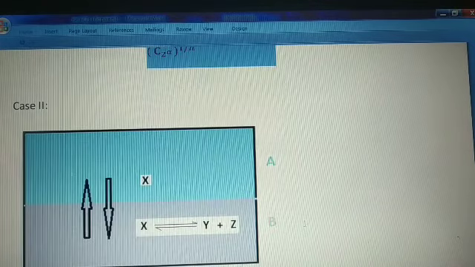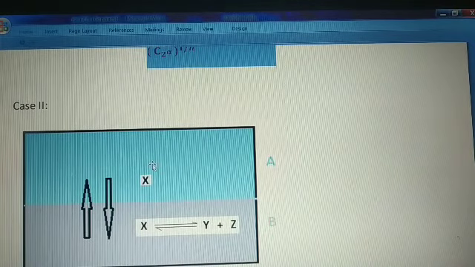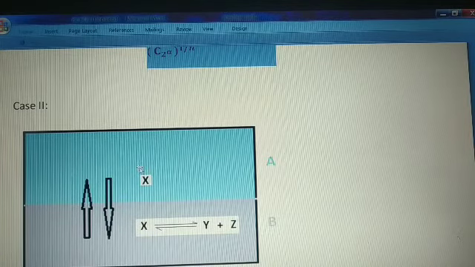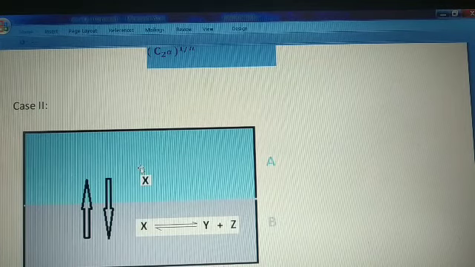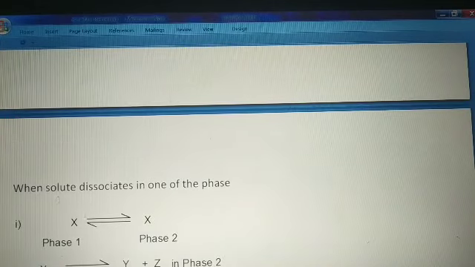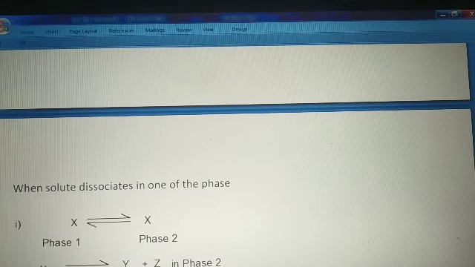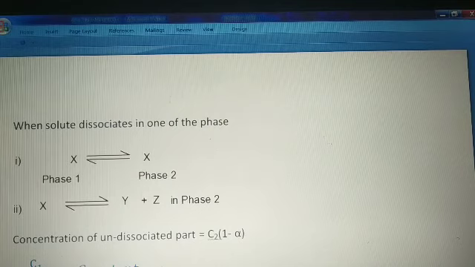Case 2, whenever there is dissociation. As earlier said, the Nernst distribution law is applicable to the similar molecular state. So in phase 1 the molecular state is X, but in phase 2 it is X as well as ions, since X is dissociating into Y plus Z. Again I apply the same approach.